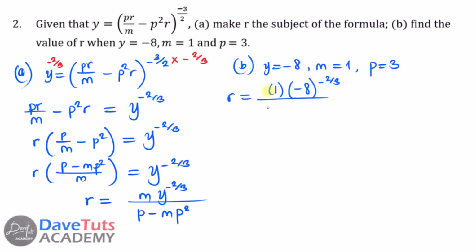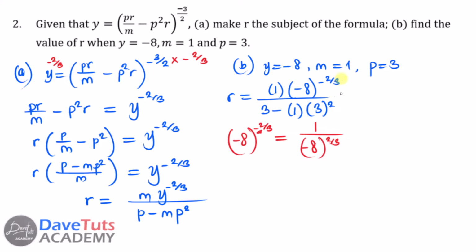Over p, which is 3, minus m, that is 1, multiplied by p, which is 3 raised to power 2. So let's look at this: minus 8 raised to power minus 2 over 3. When the power is a negative number, that means we have 1 over minus 8 raised to power 2 over 3. So the negative of the power has been taken care of.